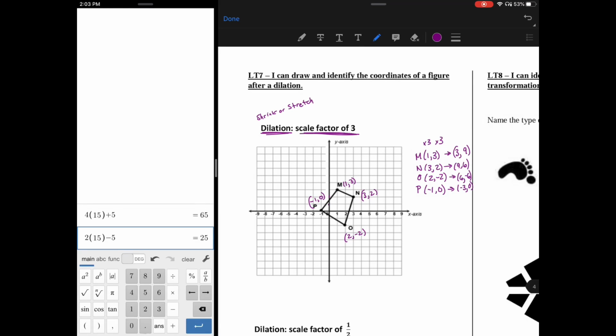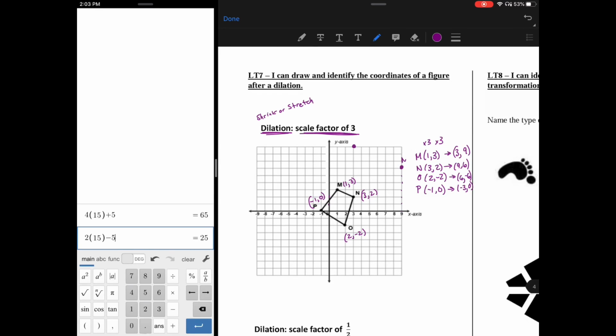So now I know all my new coordinates, so I can plot them. So point M is going to be at 3, 9, which I believe is right there. Yes. Point N will be at 9, 6, so I'll go over 9 to here and up 6.